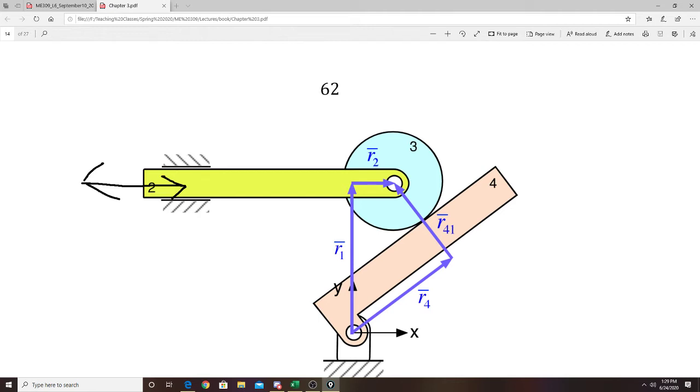Somebody made a good point the last time. They said that this mechanism is dumb because if you pulled or pushed it this way, this flapper would just fall down. And one of my students, in order to defend the question, said to try and imagine that this is spring loaded.